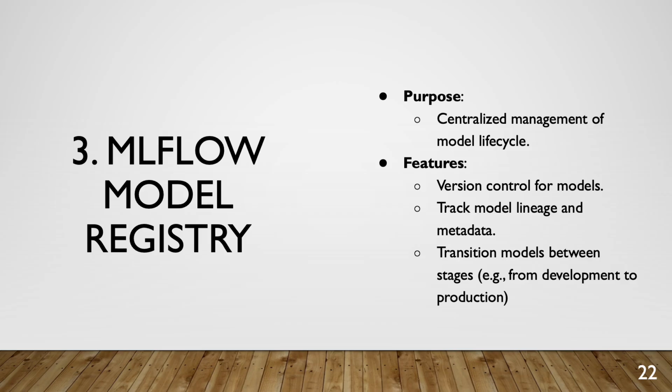The next component that I'm going to review is the MLflow model registry. The model registry is centralized model management, and using these components you can version models and also manage transitions between stages like staging, production, or archived.